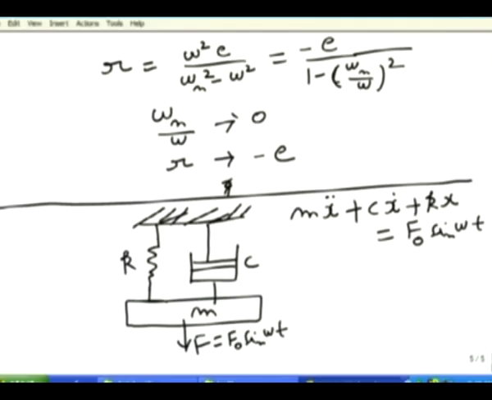So, the systems which are described by this are called second order systems.